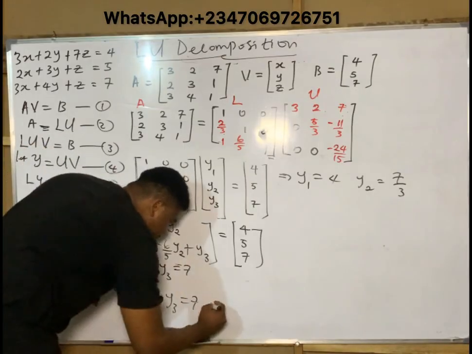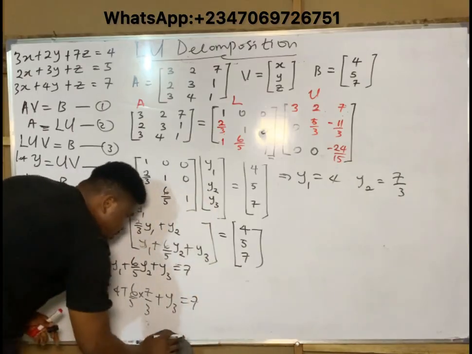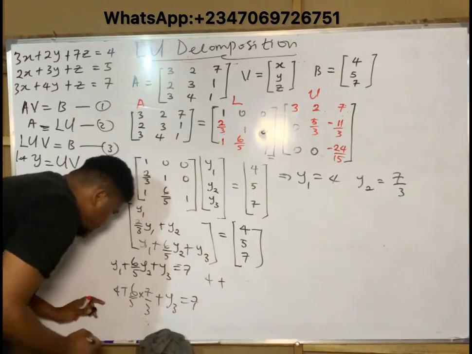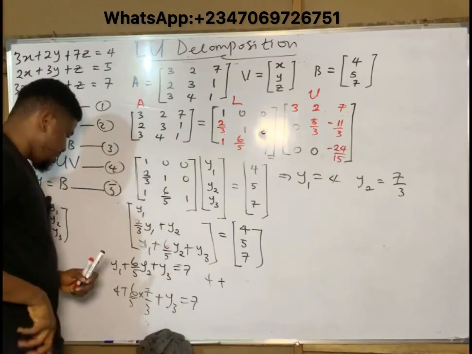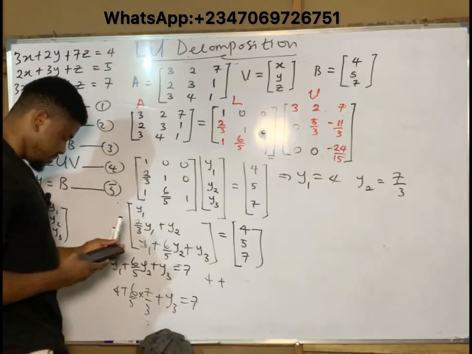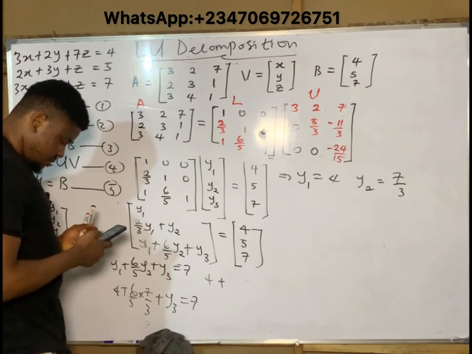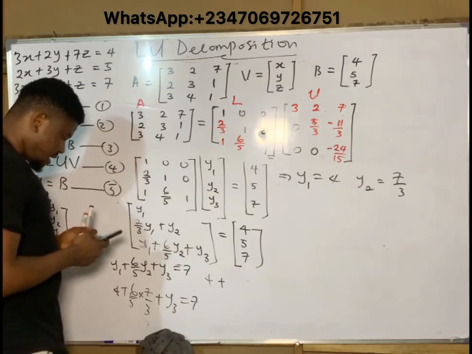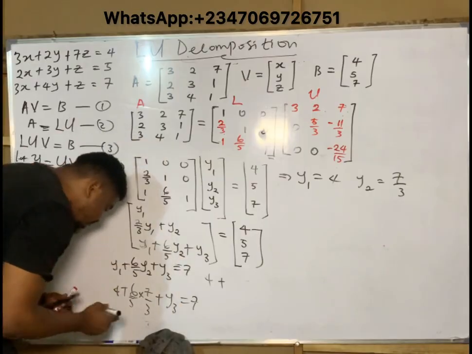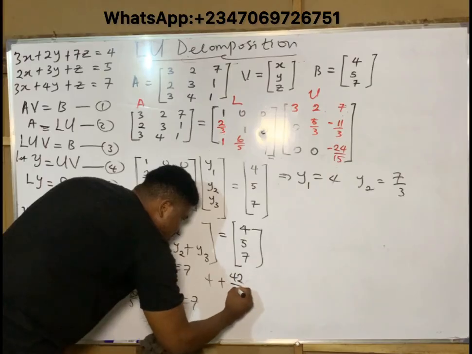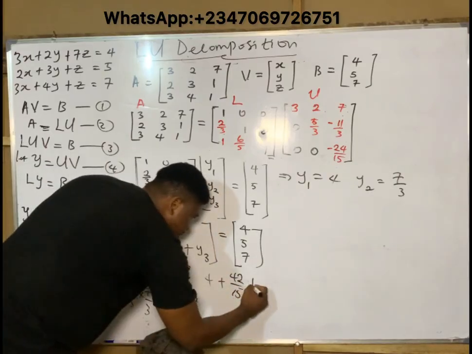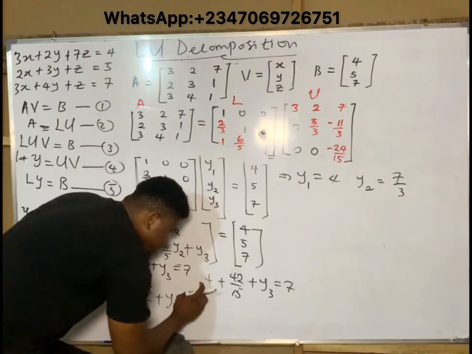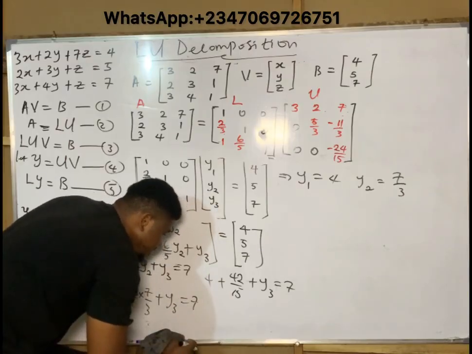This is going to be 4 plus 6 times 7 over 5 times 3. 6 times 7 should be 42. Let's confirm. 6 times 7, that's 42, all over 15, plus y3 equals 7. The LCM between 4 and 42 over 15 is 15.